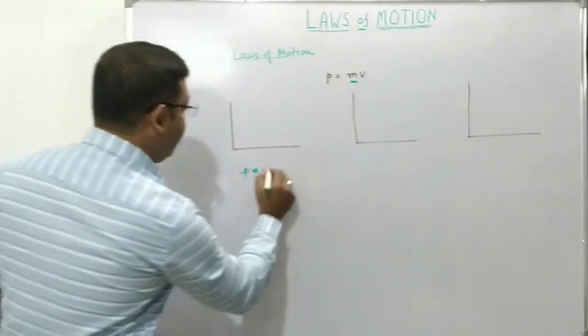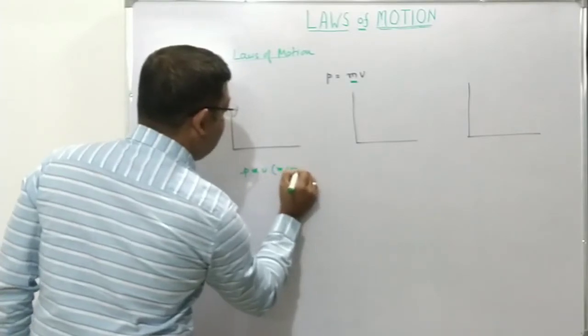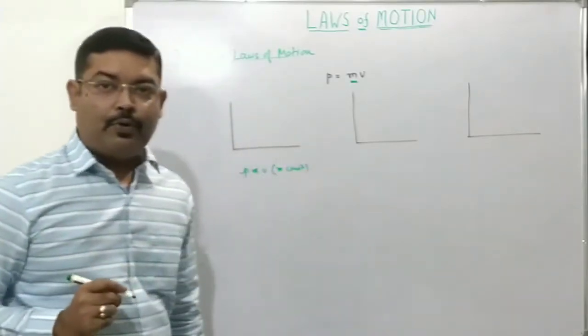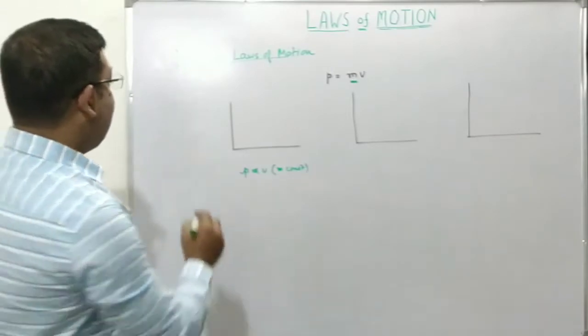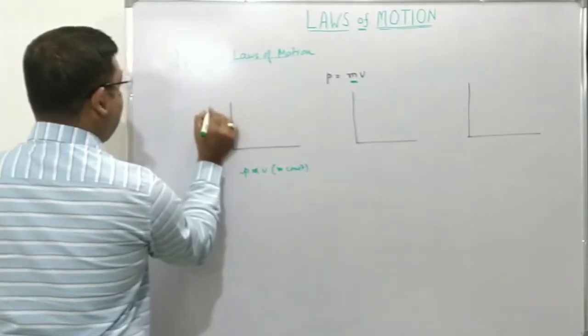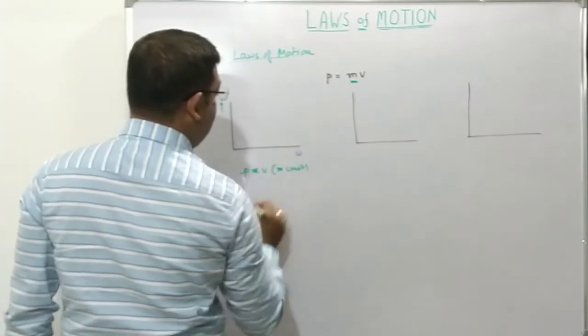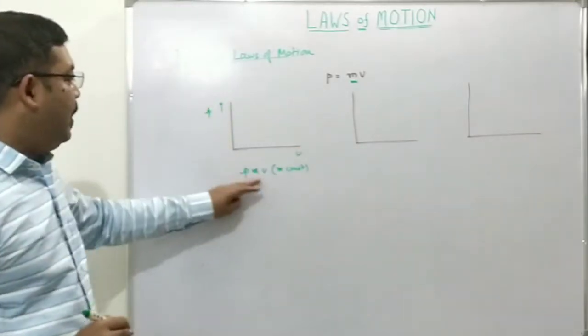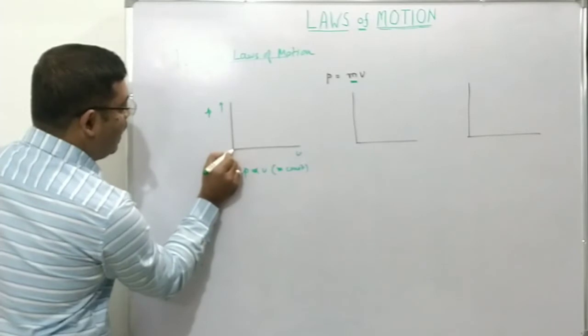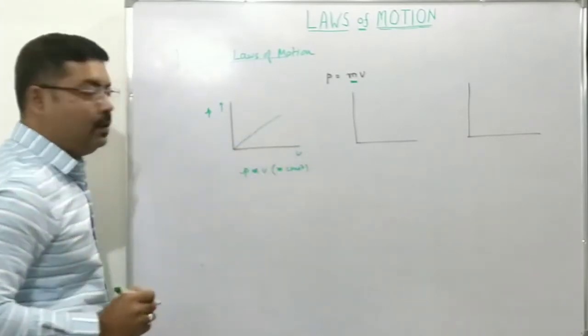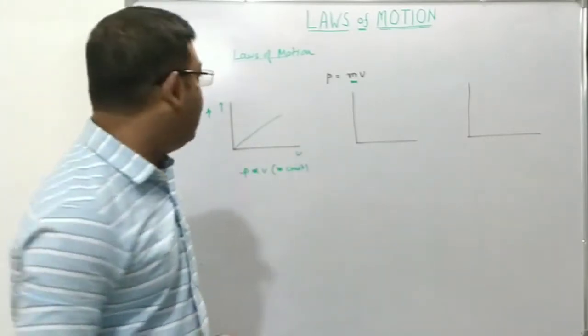Why? Because m is constant and it can be treated as a constant of proportionality. In that case, if I plot p on the y-axis and v on the x-axis, p proportional to v means it will be a straight line passing through the origin, right?